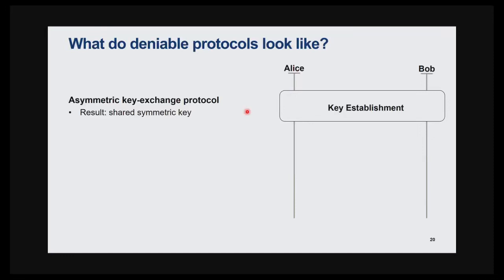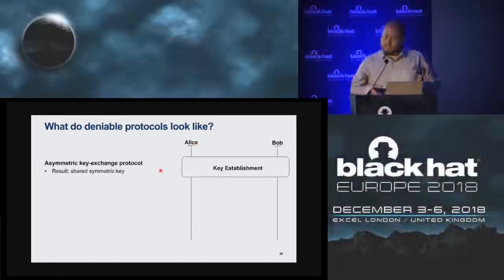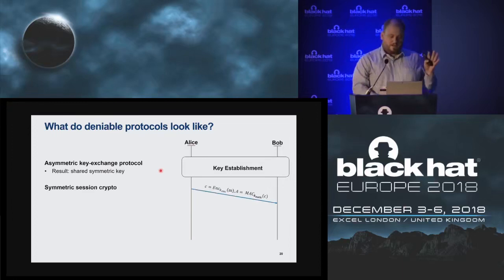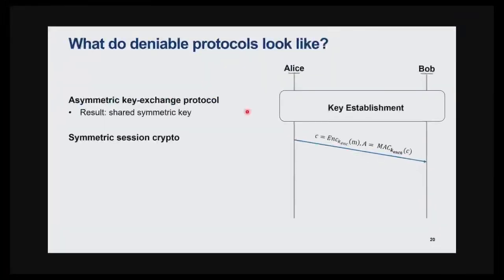Hi. So the traditional way of setting up a secure channel provides a kind of deniability in itself. What you normally do is some kind of secure key establishment, and then after that you use symmetric crypto.